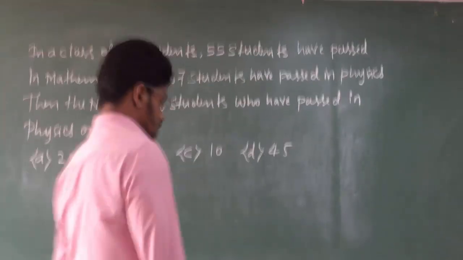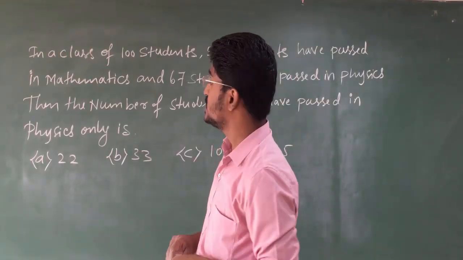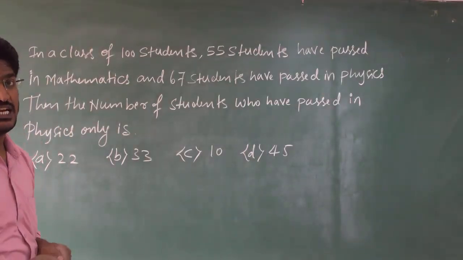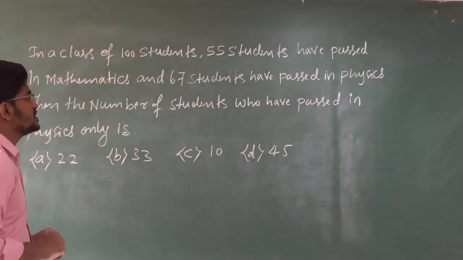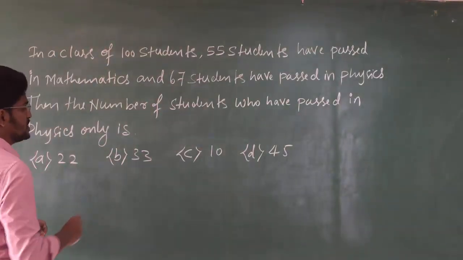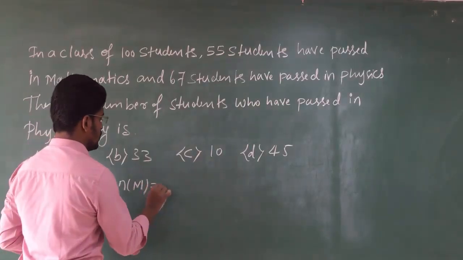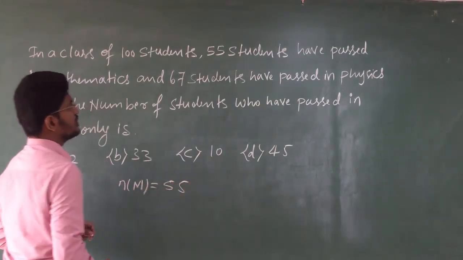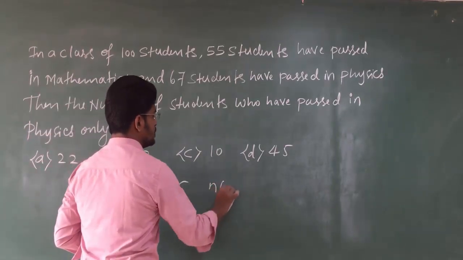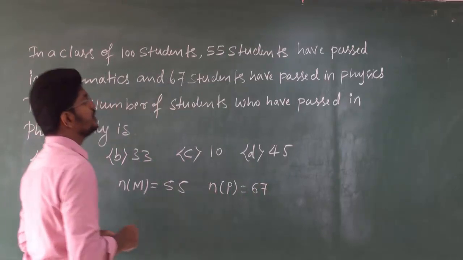Clear? Okay students, now let us see the next question. In a class of 100 students, that means there are a total of 100 students, 55 students have passed mathematics, that means n of M is equal to 55. 67 students have passed physics, so n of P equals 67.